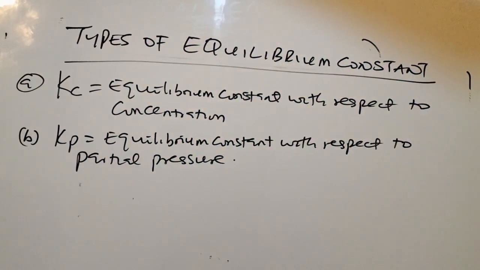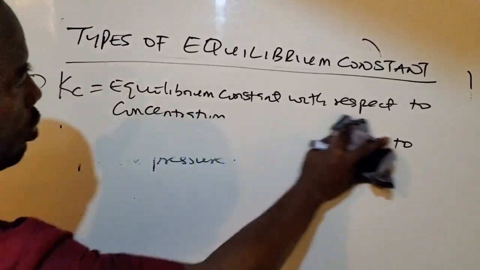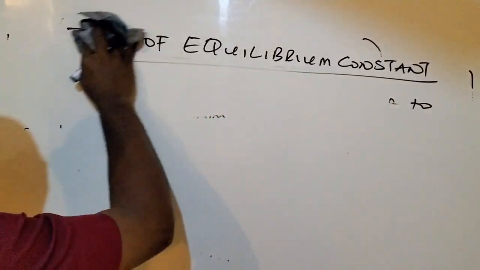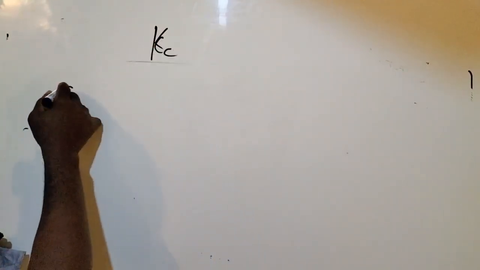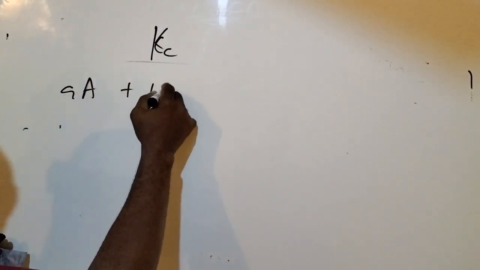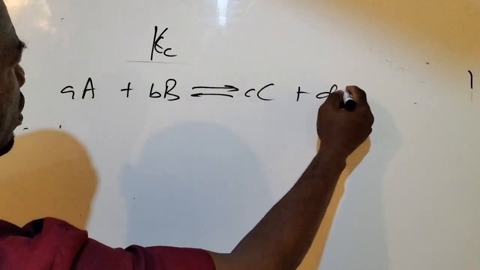So let's begin by learning how to write Kc. The example we took previously, when you have aA plus bB giving us at equilibrium cC plus dD.